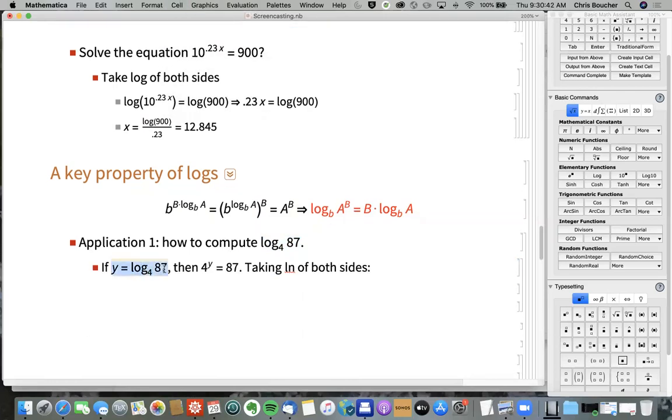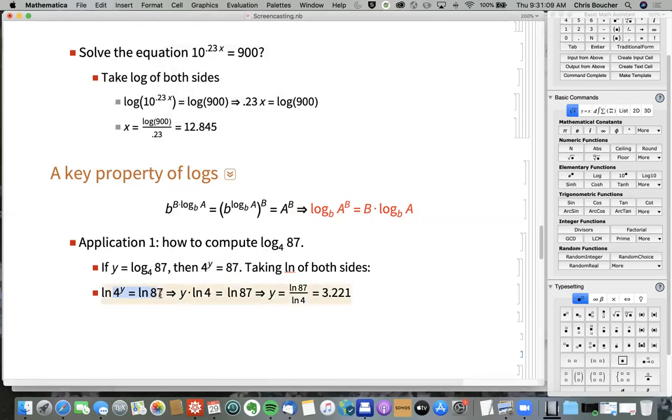If y is the log base 4 of 87, so just basically give this a variable name, then I can write that as an exponential equation. It means 4 to the y is 87. And I can solve this equation by taking the natural log of both sides. Now that doesn't look right, because this is not an exponential base e, but bear with me, let's take the ln of both sides and see what happens.